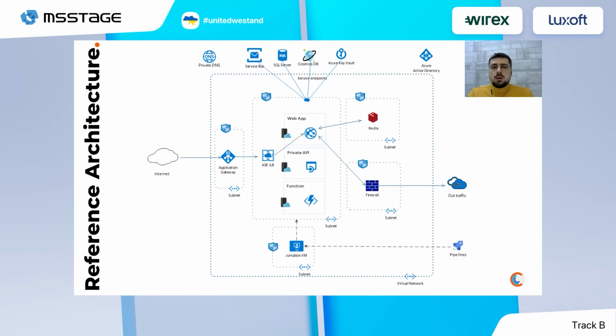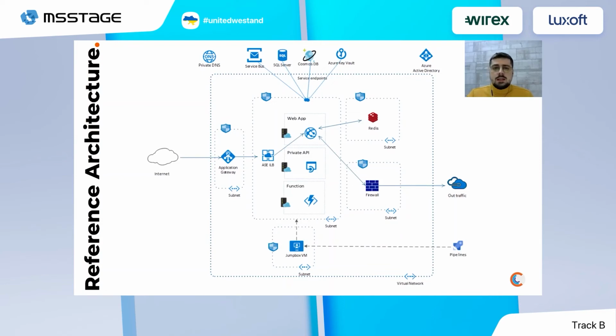The main component of this architecture is the App Service Environment. ASE must always be deployed in its own subnet within the enterprise virtual network, allowing tight control of incoming and outgoing traffic.